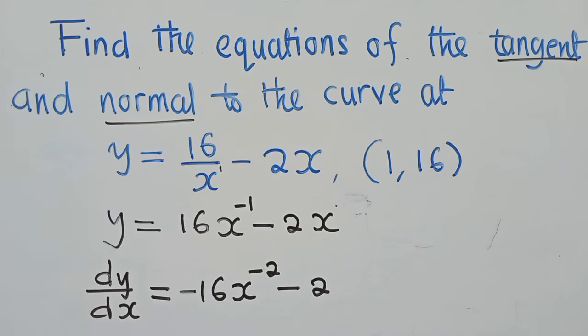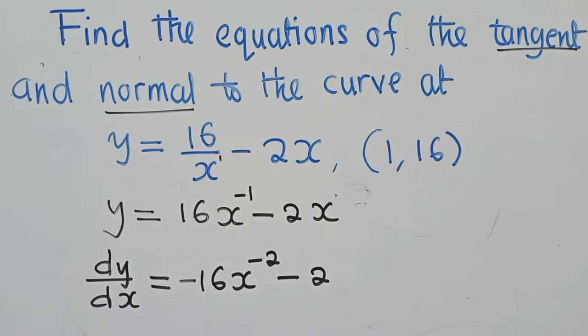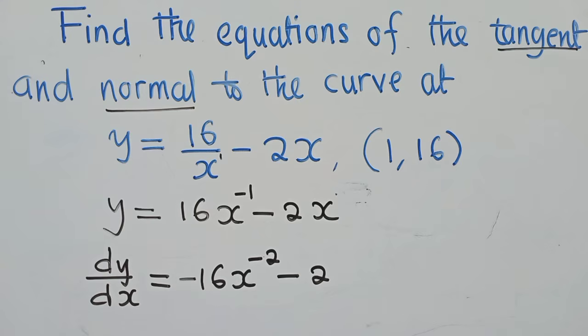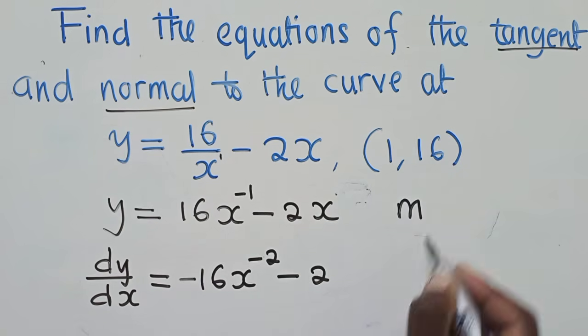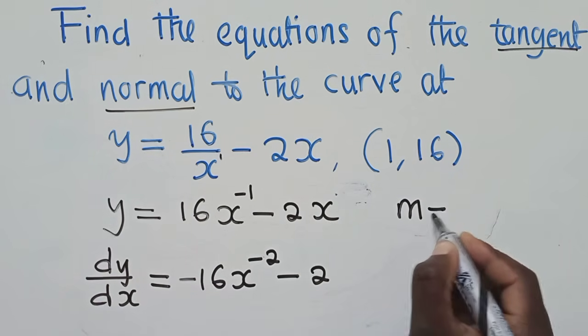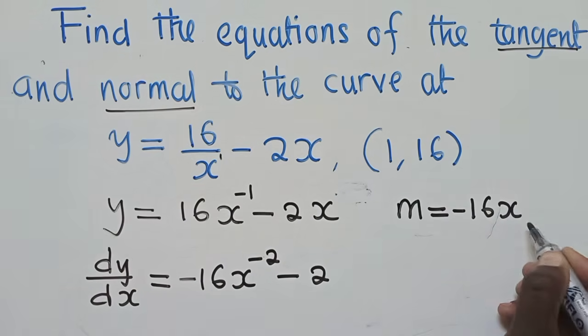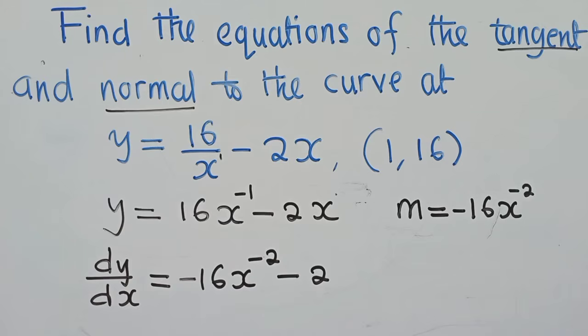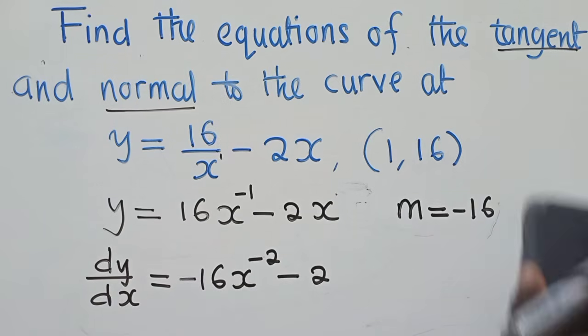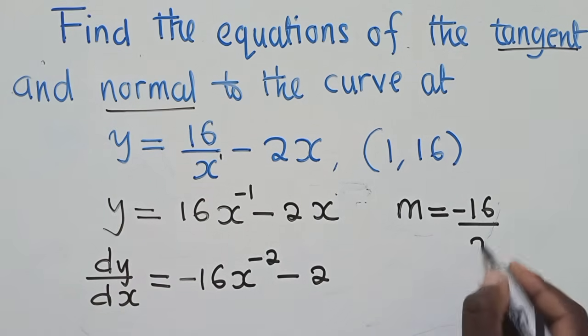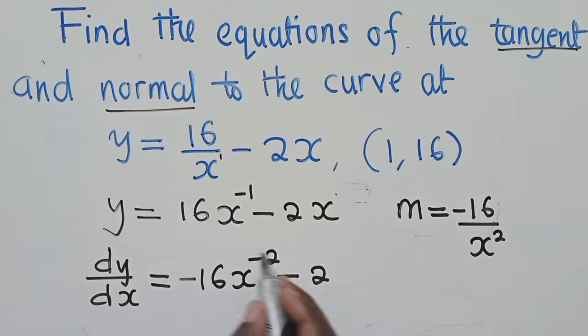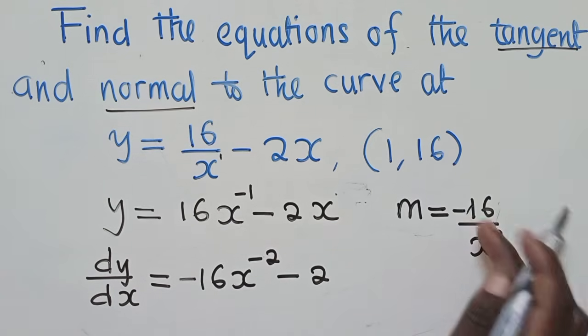All right, so after getting this, we're going to say our m, which is the gradient that we are looking for, is equal to negative 16x power negative 2, which we can even rewrite like this. This and this here are the same.